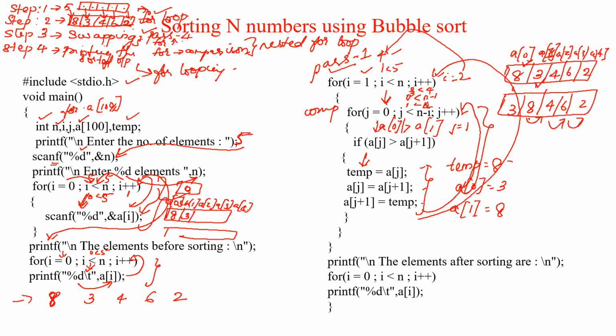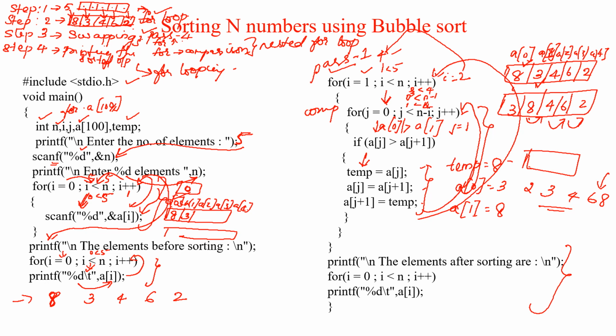Okay. After the 4 passes, you will be getting the output. So what will be your sorted output? 2, 3, 4, 6, 8. After the 4th pass, you will be getting the sorted value. Now you have to print this value, right? So again, what you will be using? Printf.